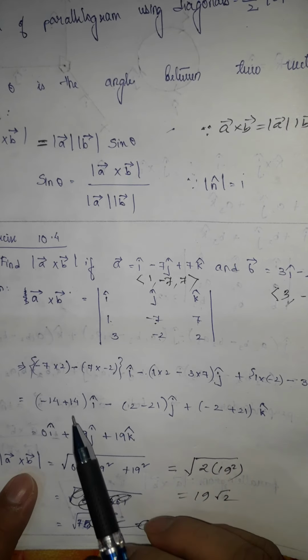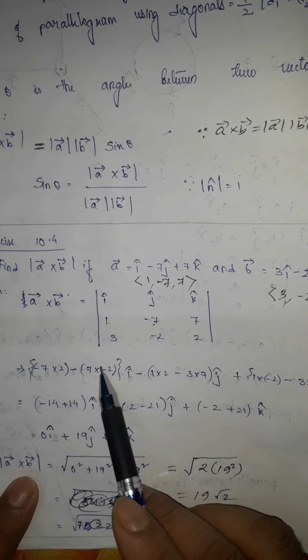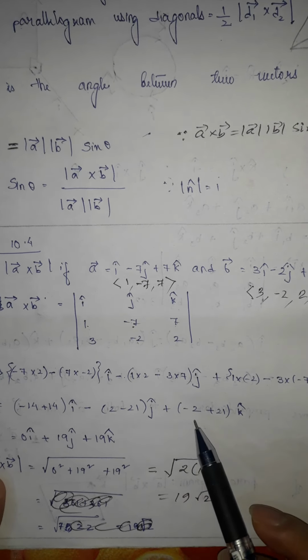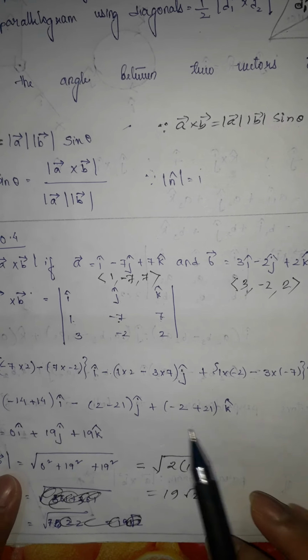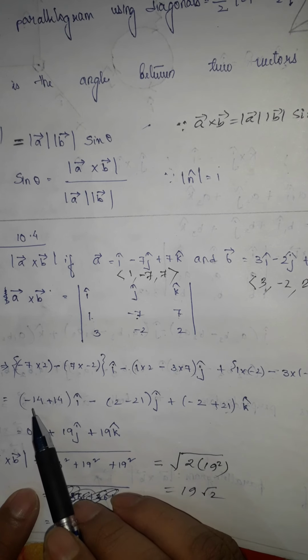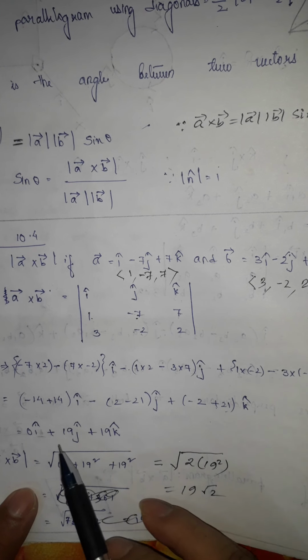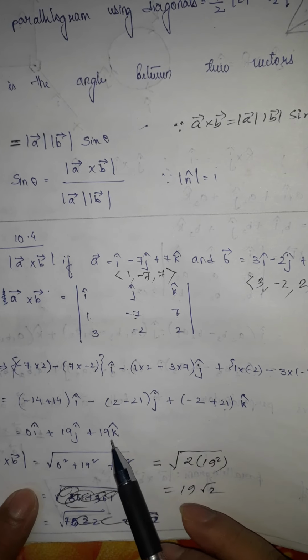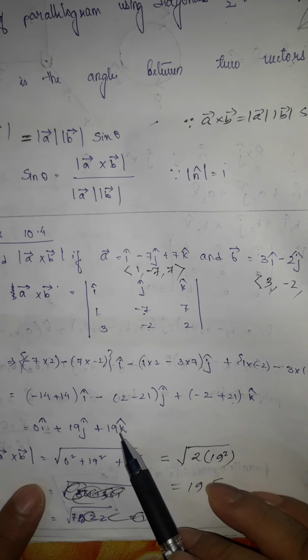So we get minus 14 plus 14 i, minus 2 minus 21 j, plus minus 2 plus 21 k cap. So minus 14 plus 14 is 0, 0i minus minus 19j plus 19k. So this is the A cross B vector.